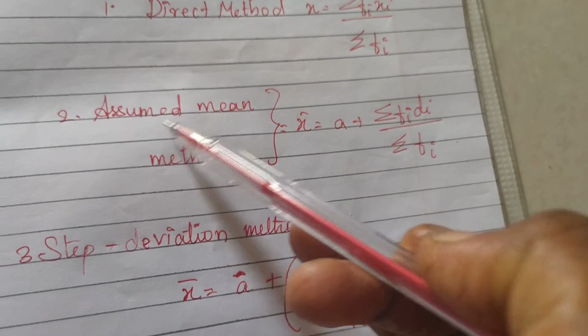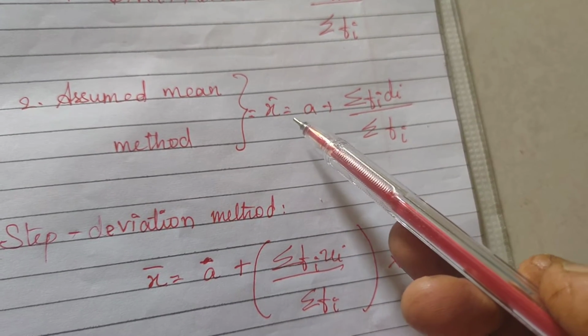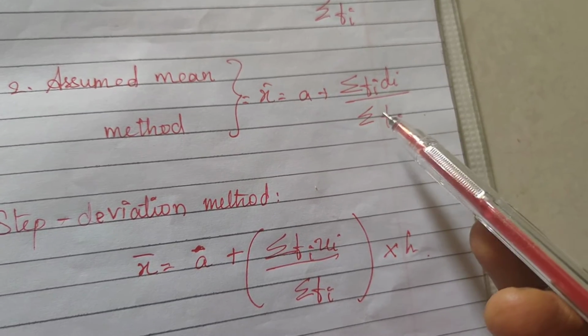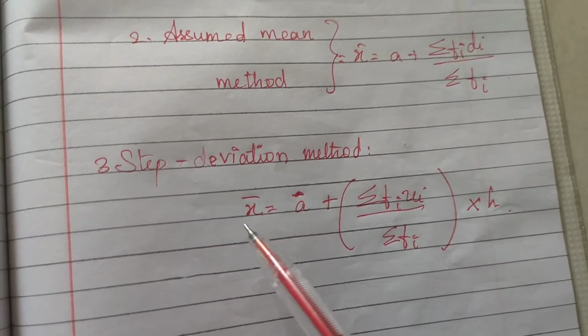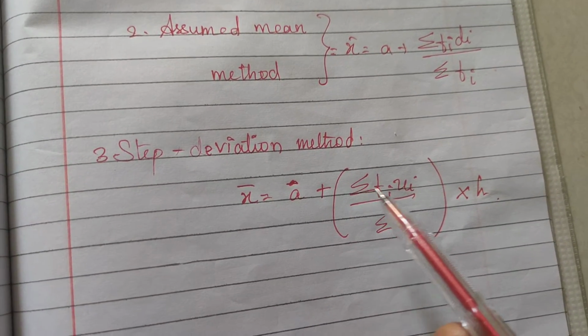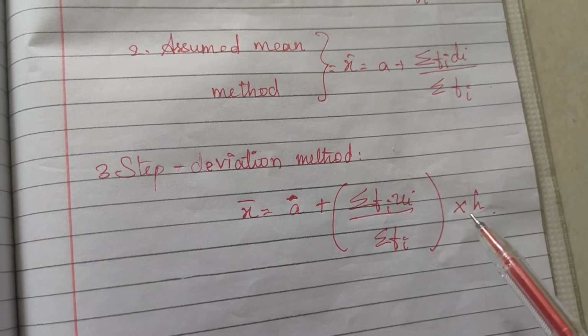Next is the assumed mean method: x bar equals a plus sigma fi di divided by sigma fi. Next is the step deviation method: x bar equals a plus sigma fi ui divided by sigma fi, into h.